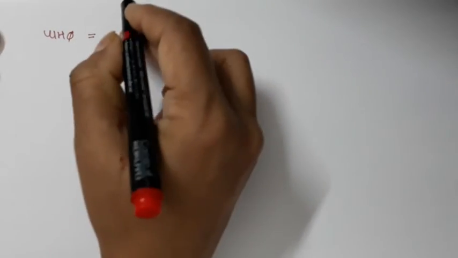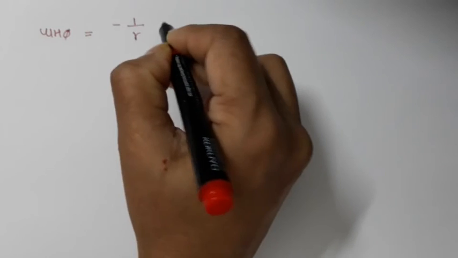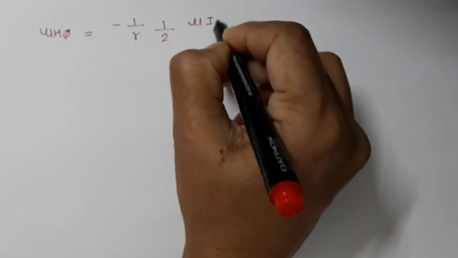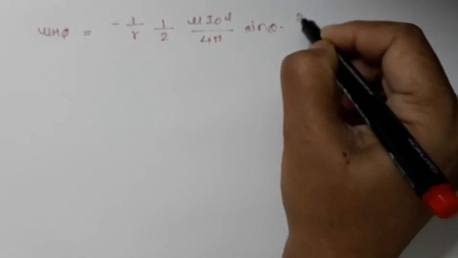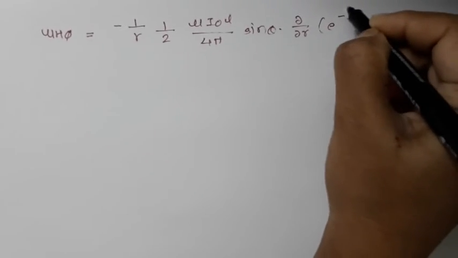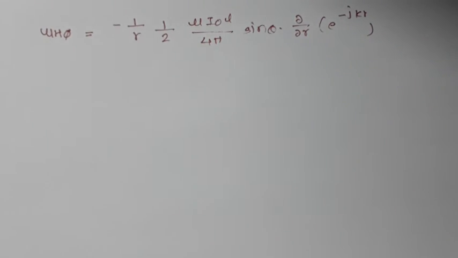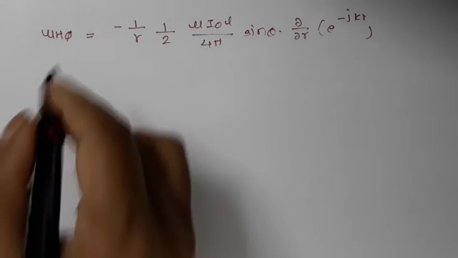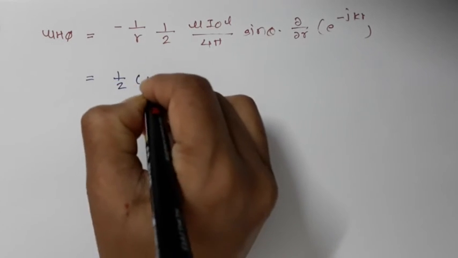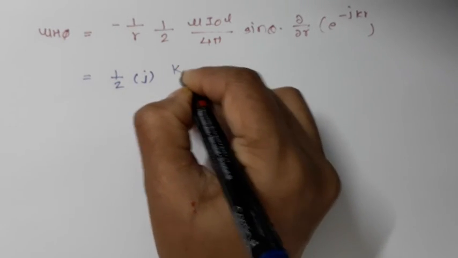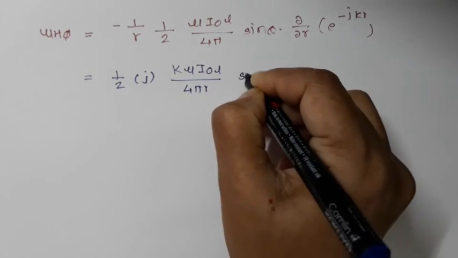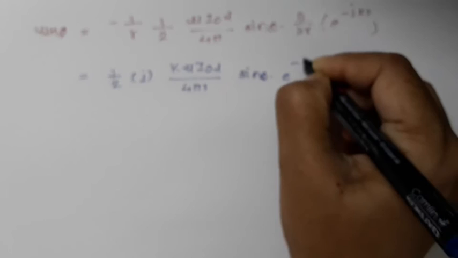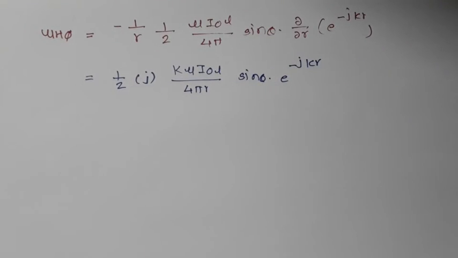So mu H phi is equal to minus 1 by r, 1 by 2, mu I0 L over 4 pi, sine theta, d by dr of e raised to minus jkr. So further solving this particular equation, I'll get 1 by 2, j k mu I0 L over 4 pi r, sine theta, e raised to minus jkr.